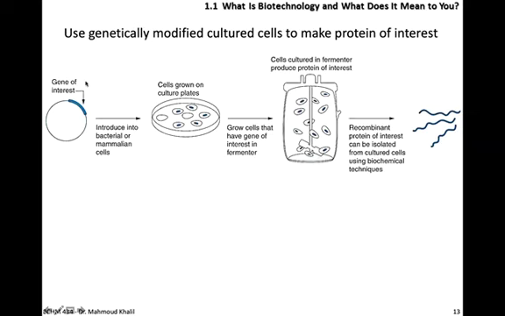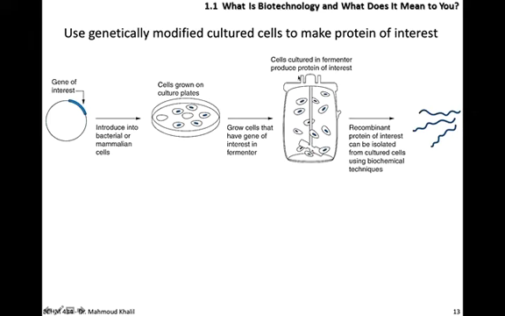They clone the gene of interest in something like a circle, which is called a vector, and they insert this vector with the gene of interest inside bacteria or mammalian cells. And they start to grow these bacteria or mammalian cells in a large fermenter, and they induce the expression of the protein from that gene of interest.